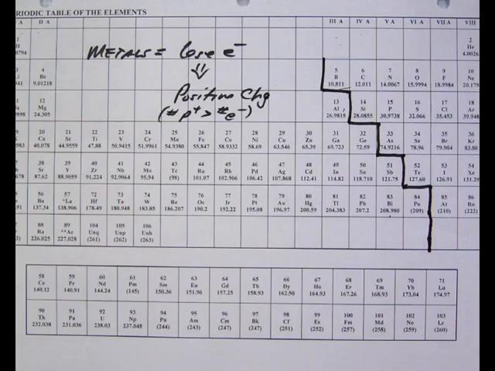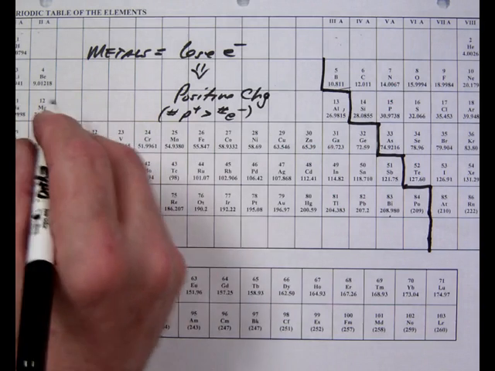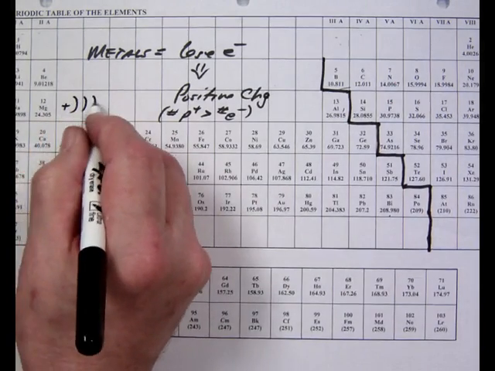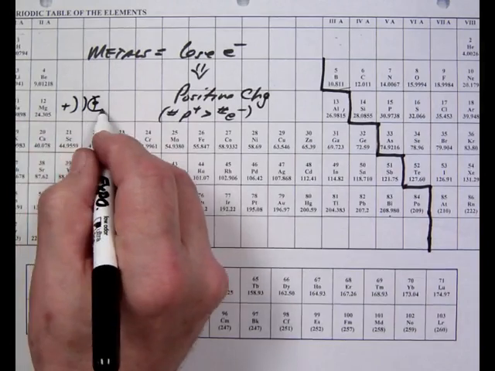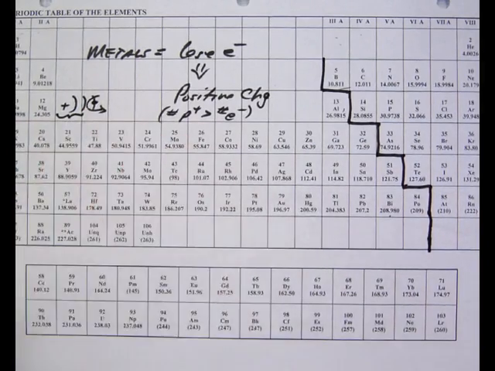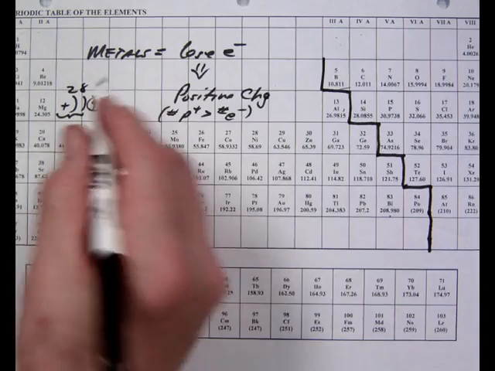So sodium, for example, has 3 rings. You know the row represents the number of rings. So here we have sodium, and everything in here has 3 rings. So we have nucleus, 1, 2, 3, one outer shell electron. When that one is lost, this remains 2 and 8, and the result is positive 1.